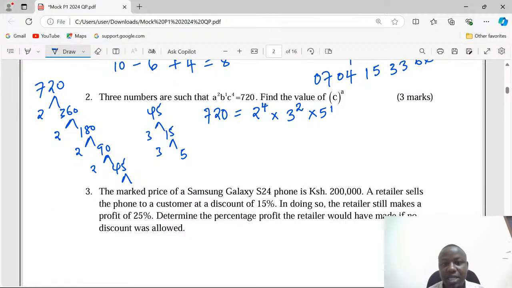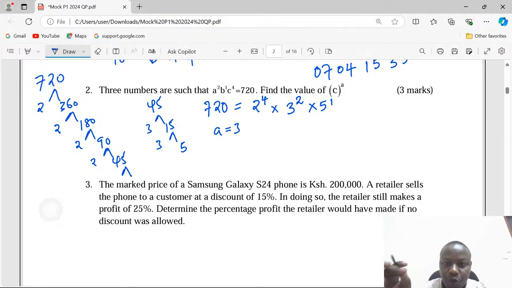This is to mean that according to what the examiner has expressed, one of the prime factors has been squared, and that is 3. Therefore, A becomes 3. Then another factor is raised to power 1, B, which is going to be 5.